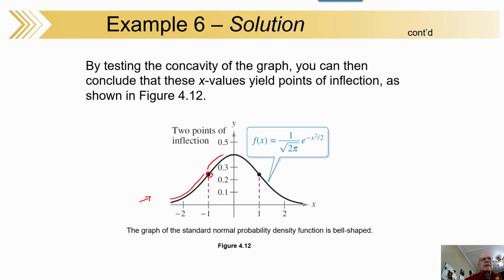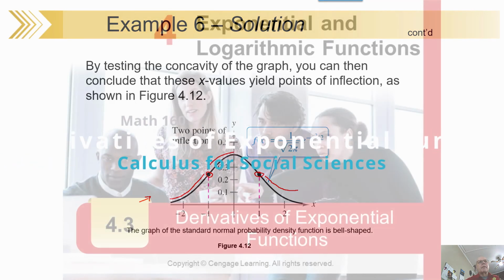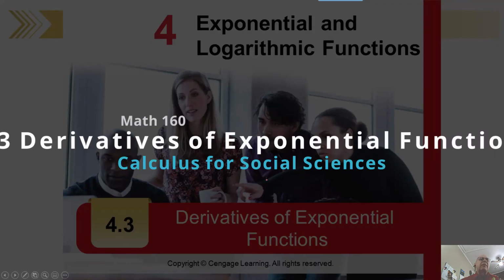The slope gets less instead of greater. Your slope is still getting smaller and smaller, until you get to this point at x equals 1. Then the slope starts leveling off. That's pretty much the story of the normal distribution.